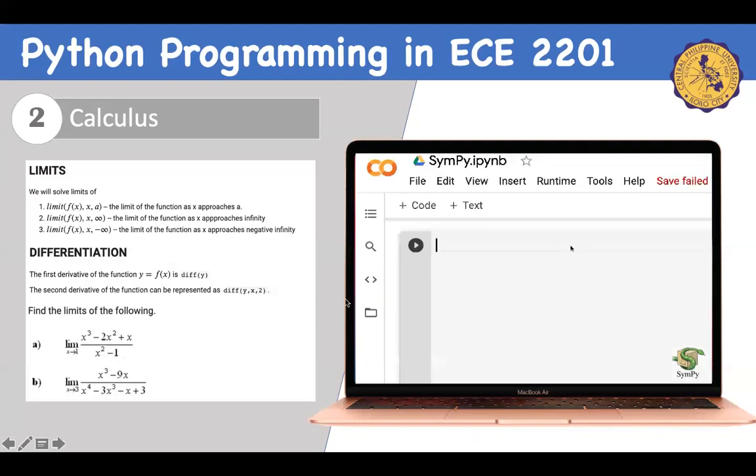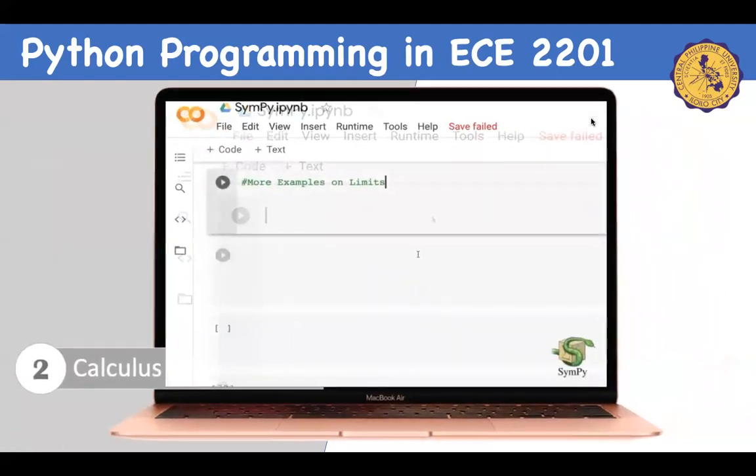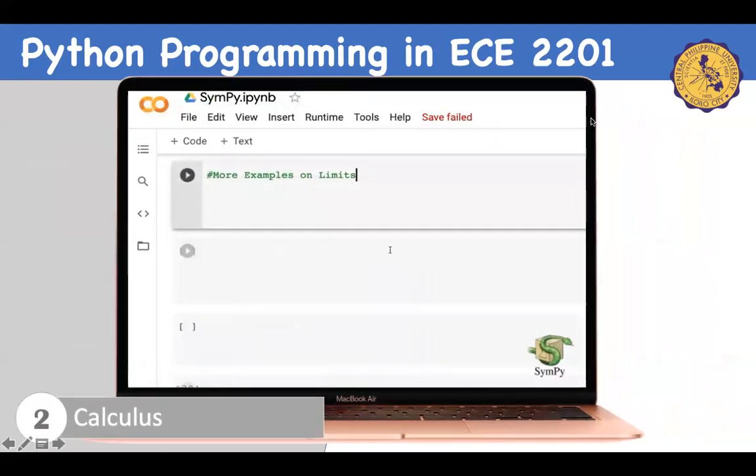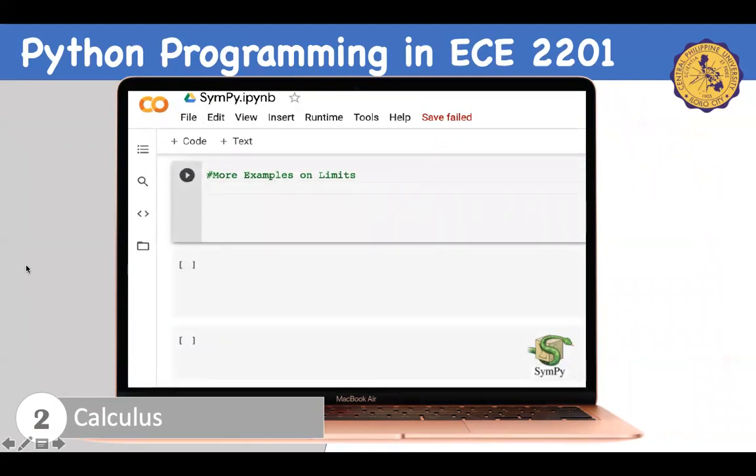All right. Now we go to more examples on limits. So for more examples, let's solve this problem. I will label this as f1.